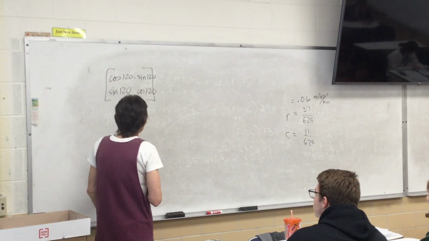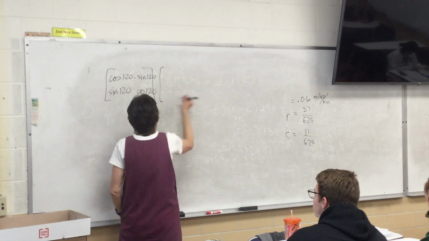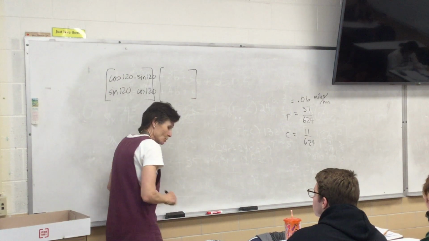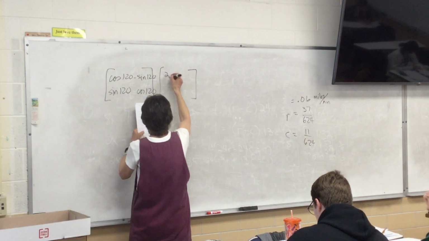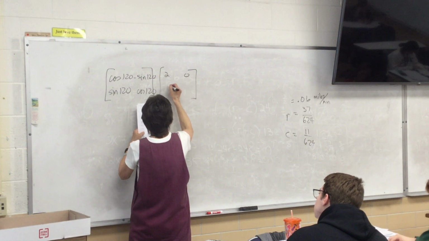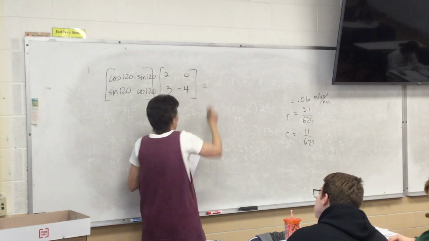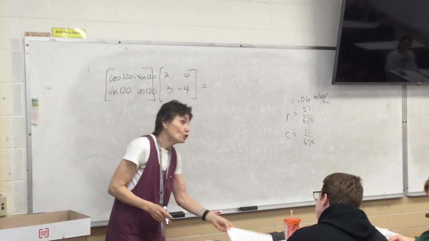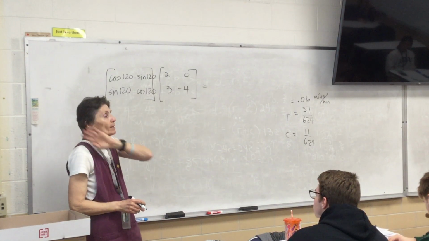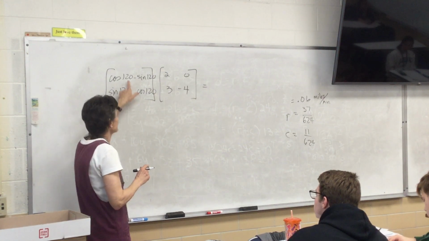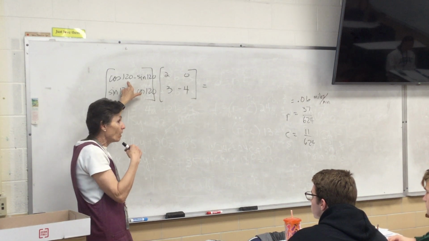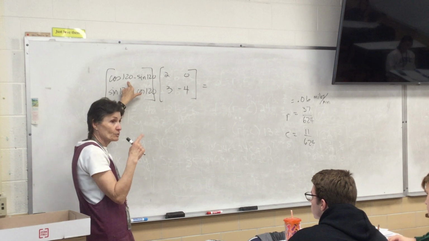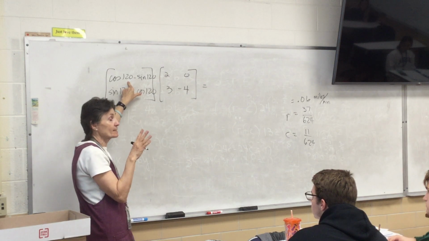Okay, now I'm gonna rotate that. I'm gonna apply that matrix to C, which is 2, 0, 3, negative 4. Now, this could be a no calculator problem because the angle happens to be 120, and we know the cosine and sine of 120.